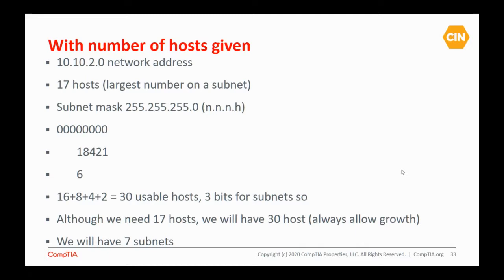So we're going to go with a different network address this time. It really doesn't make any difference to us, but we'll use 10.10.2.0, which again is a private address, a class A address. And we had actually been given that as the network address. So the subnet mask for the network we were given to work with is 255.255.255.0.